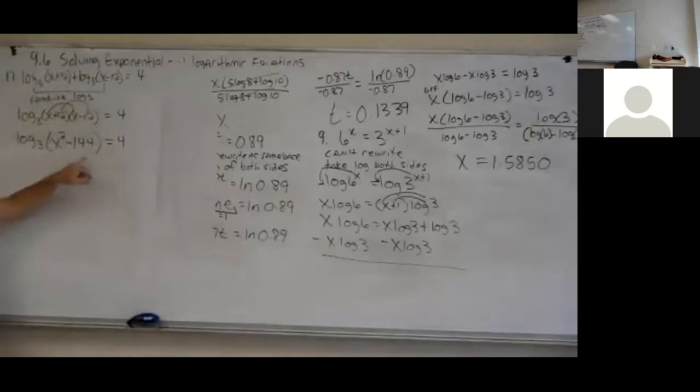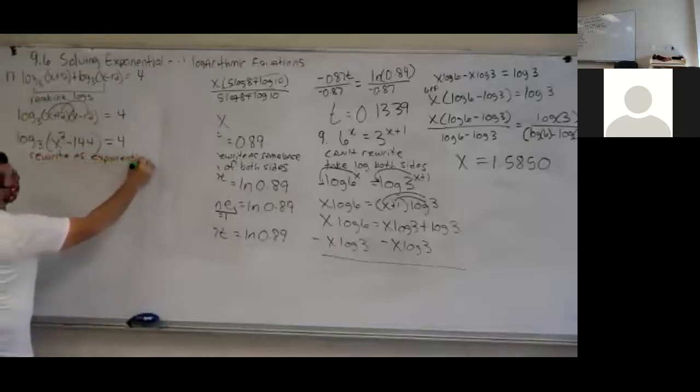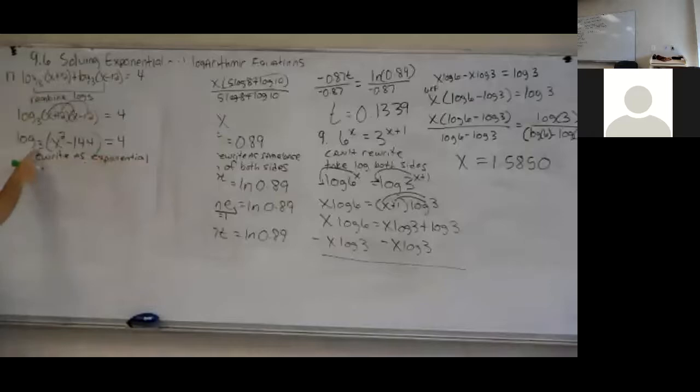All right, I'm going to rewrite this as the exponential because I don't have a log on both sides. My base is 3. My exponent is the 4, and that's going to equal the x squared minus 144.